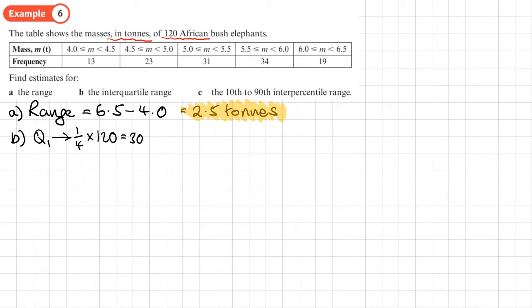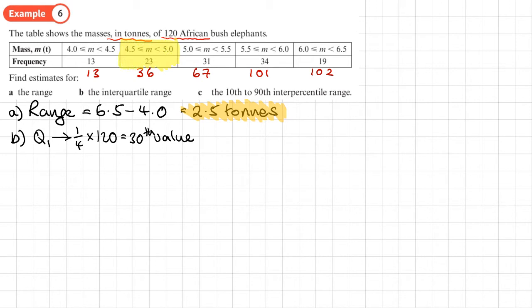So the 30th value is where I'd find the position of Q1. Let's put our cumulative frequency in so we can see which column it's in. So 13 plus 23 is going to be 36, plus 31 is going to be 67, plus 34 is 101, then 120. So the 30th value I'm going to find in the second group here.